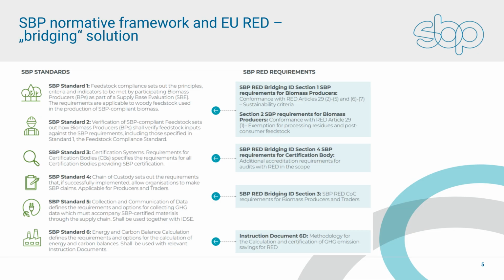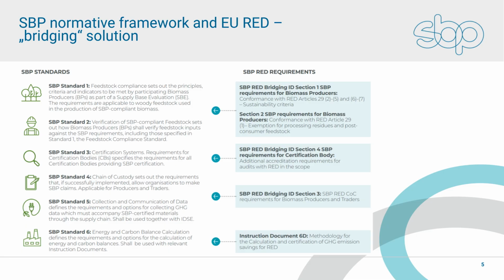On this slide, you can see examples of how EU RED requirements have been bridged into the main SBP normative framework. The glossaries were compared and merged, with the combined glossary included in the bridging ID. Sustainability requirements in SBP Standard 1 and those in EU RED Article 29 are worded differently, so Section 1 of the EU RED Bridging ID explains how EU sustainability requirements are implemented through the SBP supply base evaluation concept.